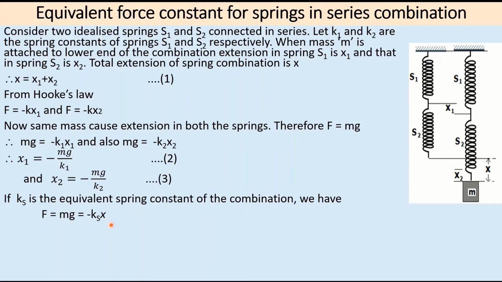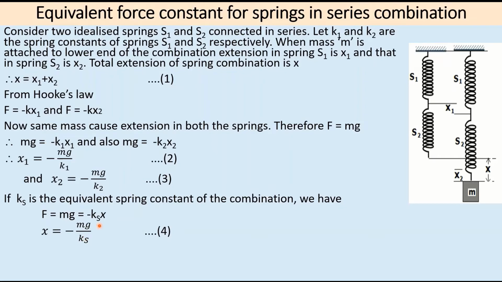Therefore x is equal to minus mg by Ks. So from equation 1 we know that x is equal to x1 plus x2. We got the value for x1, x1 is equal to minus mg by K1, x2 is equal to minus mg by K2, and x is equal to minus mg by Ks.